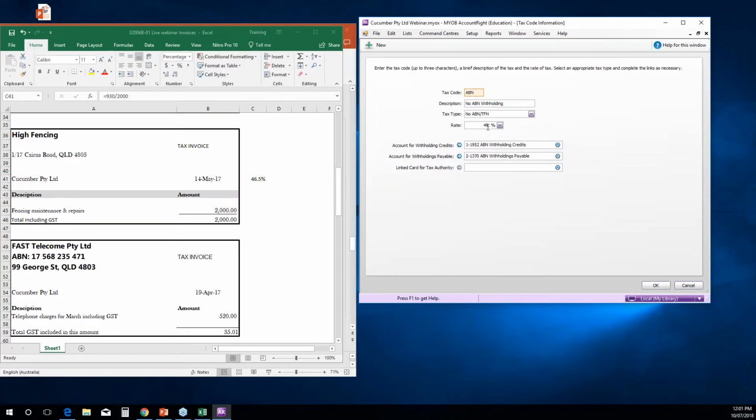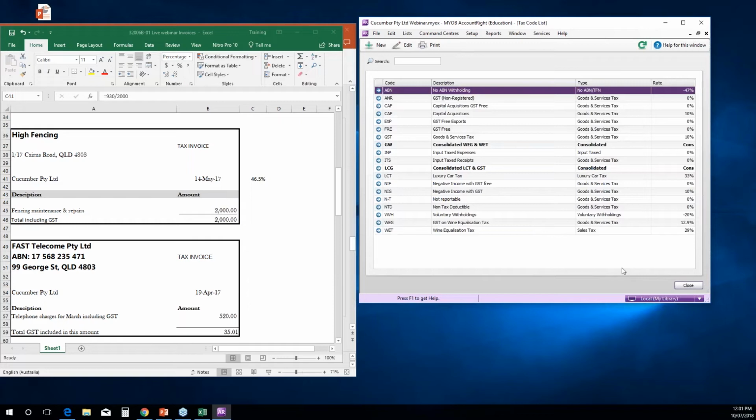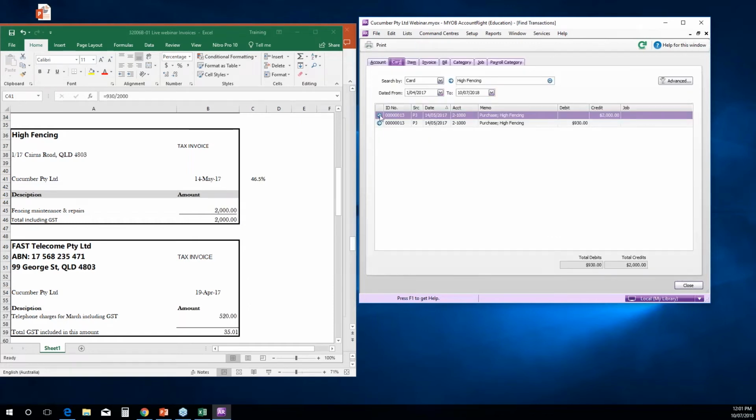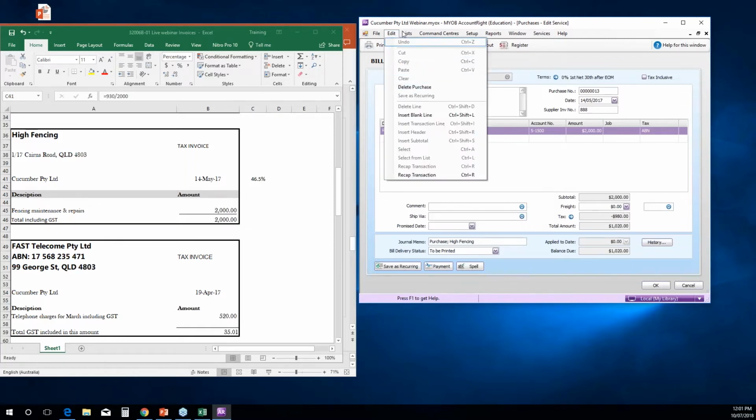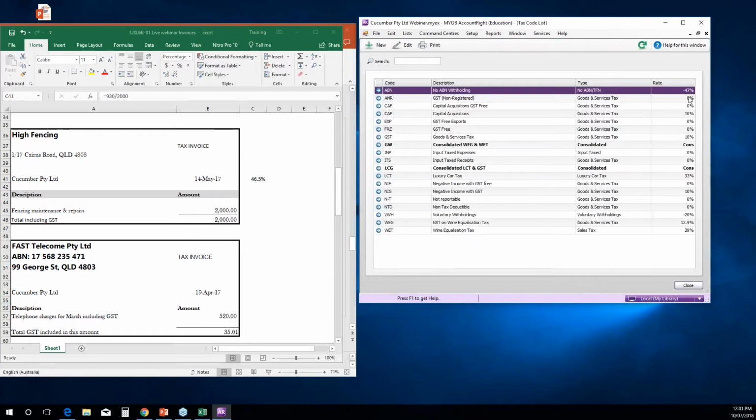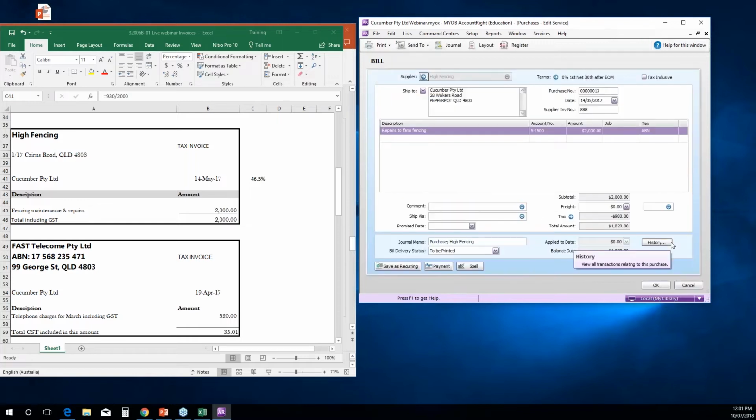So I'm going to change this one for the 2018 tax year. I can change to 47%. And then I say okay, hoping the transaction we just have done will change automatically. Ta-da! But as you can see, the tax is still showing as 980, which means even though the ABN tax shows as 47%, it does not change what you have entered in MYOB earlier.